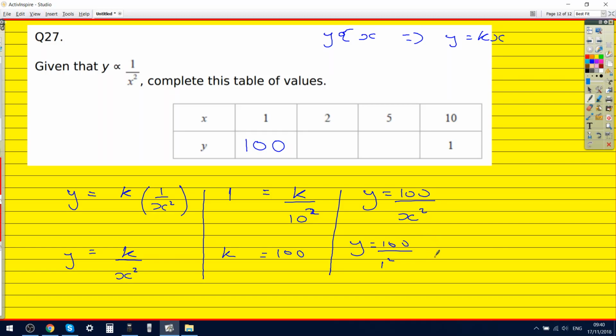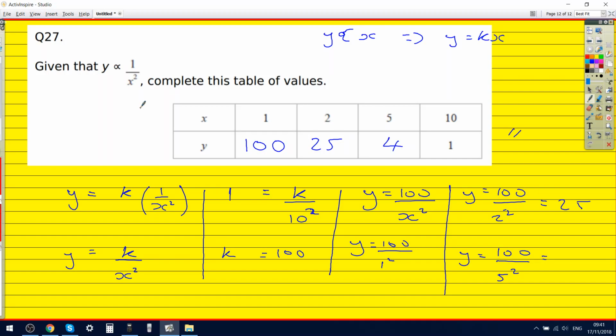And then 100 over 2 squared, 100 over 4, so 25. And then 100 over 5 squared, which is 25, 4. And that's it. Yep.